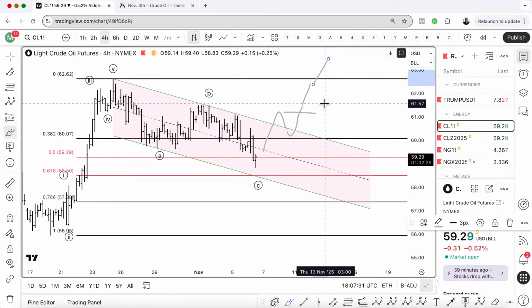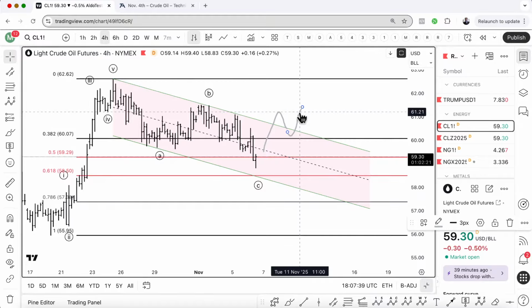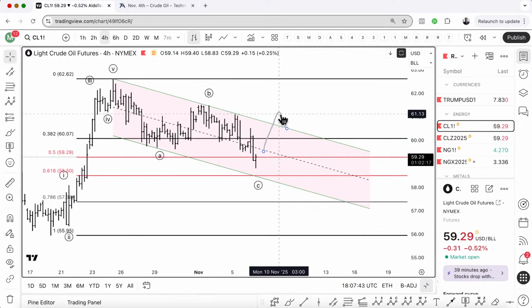The other possibility, if you don't want to wait for the stochastic, which again, it's better to do so because you want to trade with momentum always. Trading without momentum is a recipe for disappointment because momentum goes against you. If the longer term traders are against you, you will be in trouble.